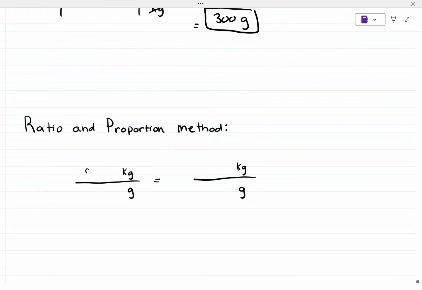We were given 0.3 kilograms, and we want to know how many grams, so that's our unknown. We know that for 1 kilogram, there's exactly 1,000 grams. Cross multiply, so 1 times x is x, and 0.3 times 1,000, and you get 300 grams.